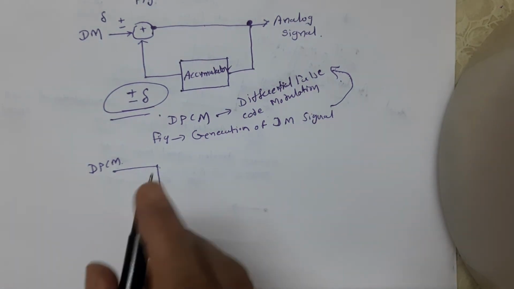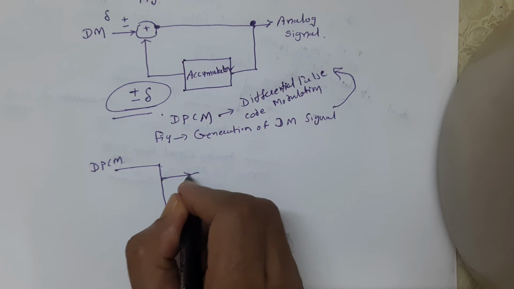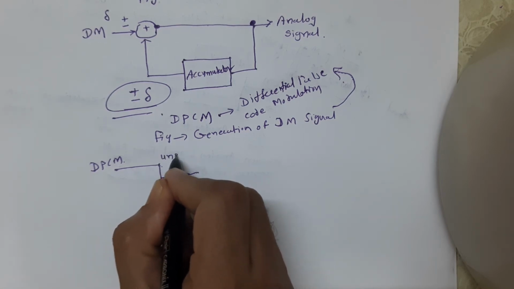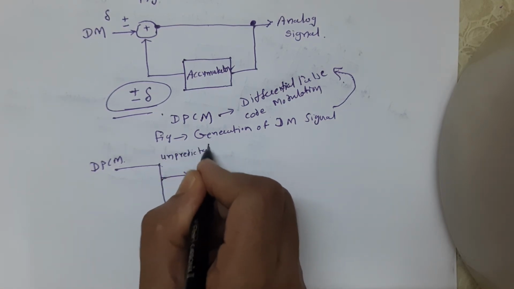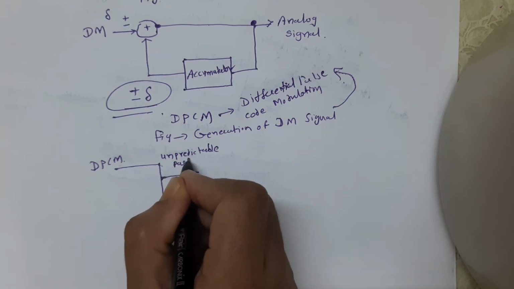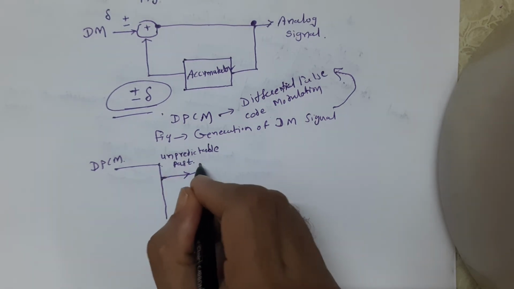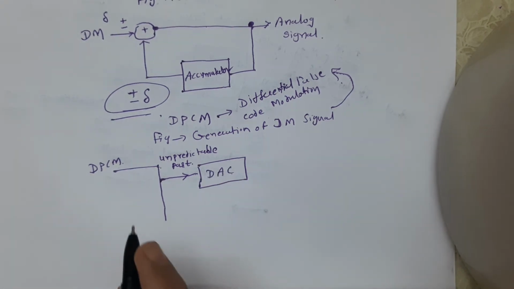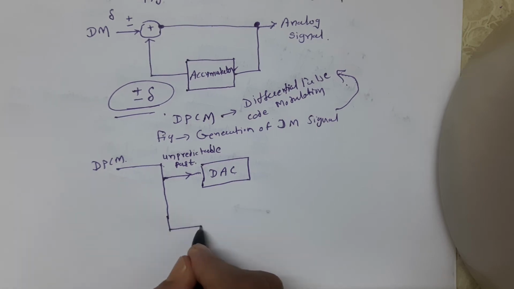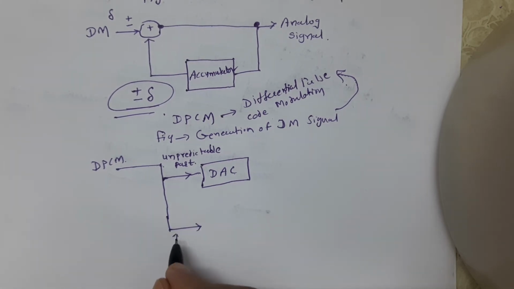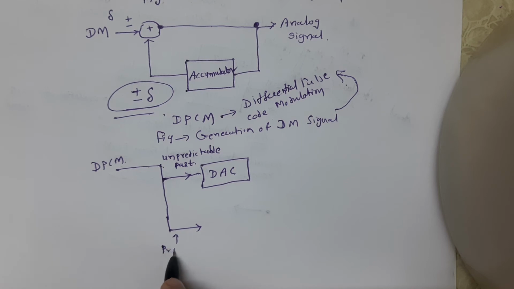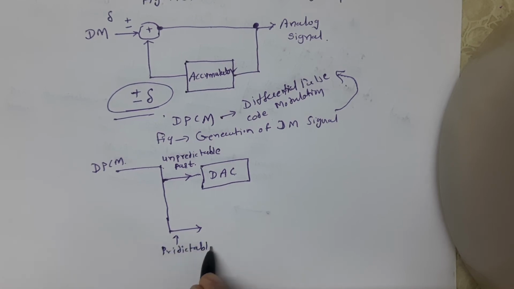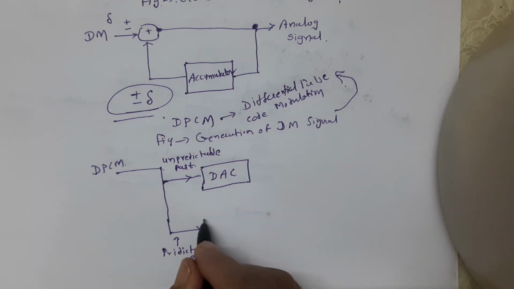First, the unpredictable part, and this unpredictable part is given to DAC. The second one is the predictable part. It is given to the predictor.